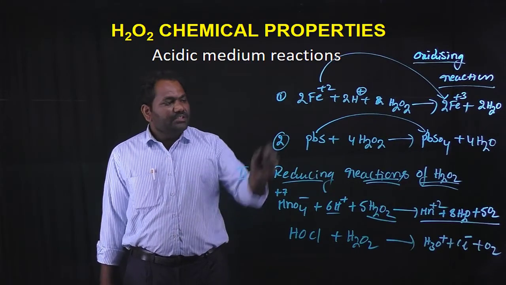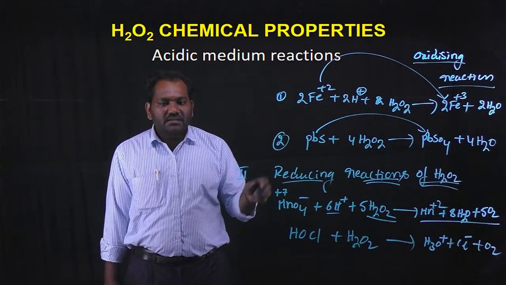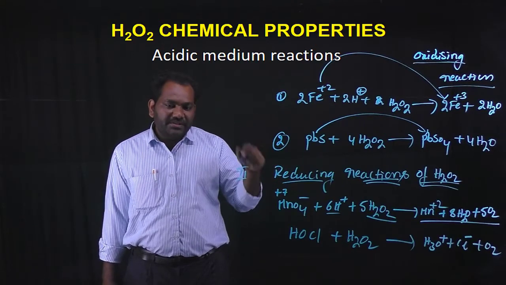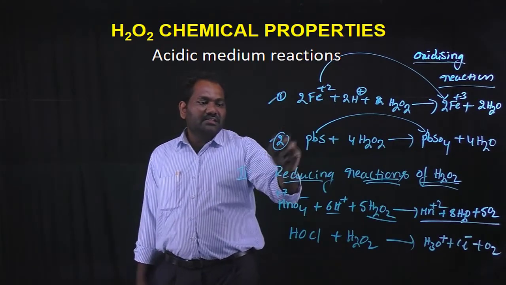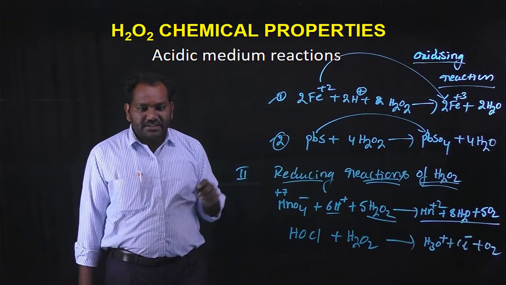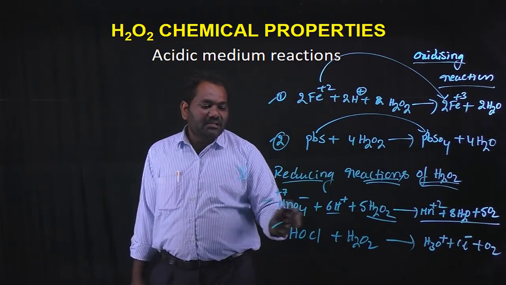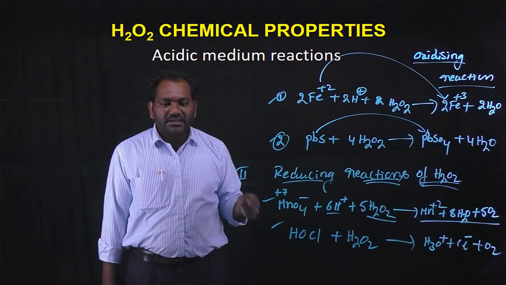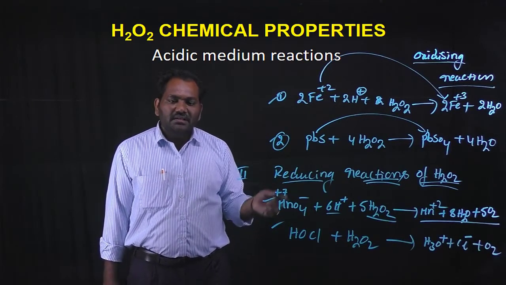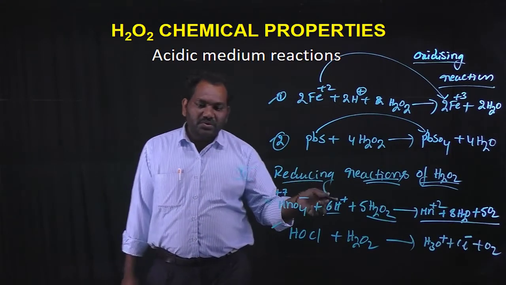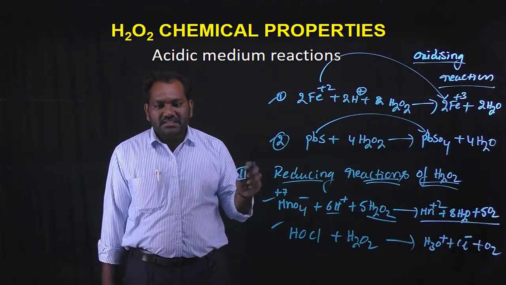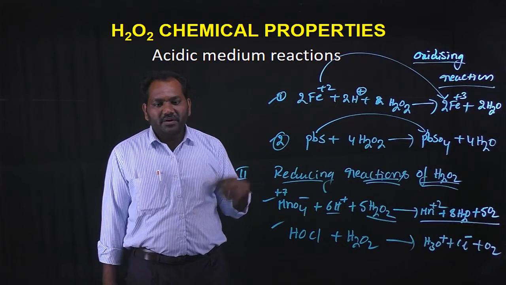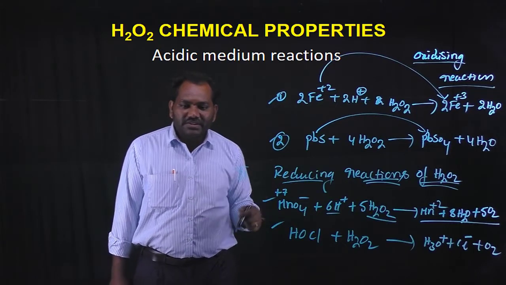These four are considered acidic medium reactions. The first two reactions are the oxidation reactions in acidic medium. The second two reactions are reducing reactions of H2O2 in the same acidic medium. These four reactions belong to acidic medium, oxidizing as well as reducing reactions.